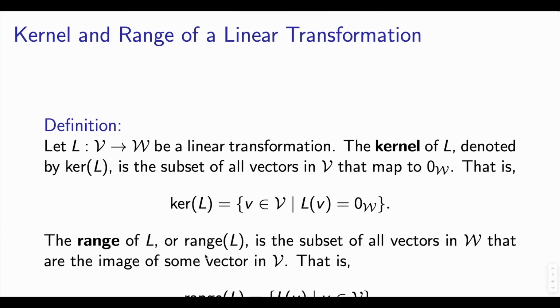so to know the definition of the kernel and range of a linear transformation, we can define it like this. Let L be a linear transformation from one vector space V to another vector space W. The kernel of L, denoted by the shorthand notation ker L, is the subset of all vectors in V that map to the zero vector of W, right?